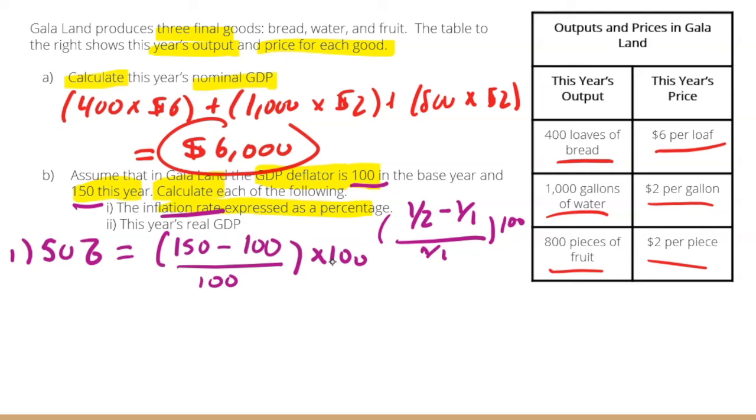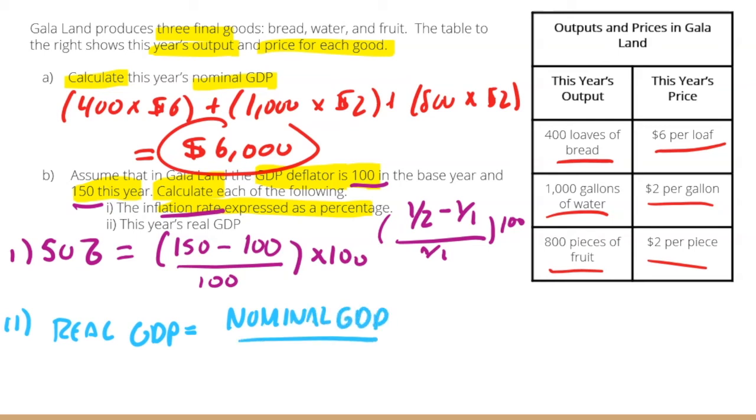All right, so part B, this year's real GDP. Here we have our equation. Our real GDP is going to equal our nominal GDP divided by our GDP deflator, and then multiply all that by 100.